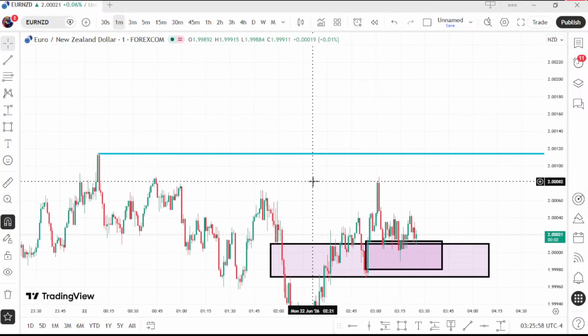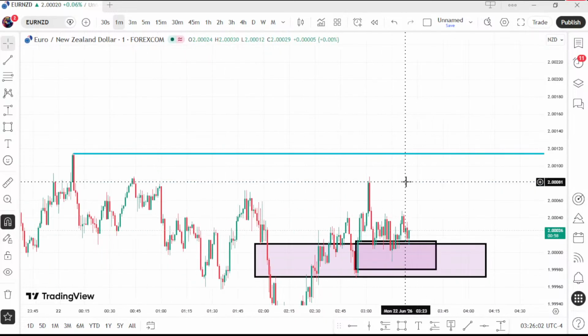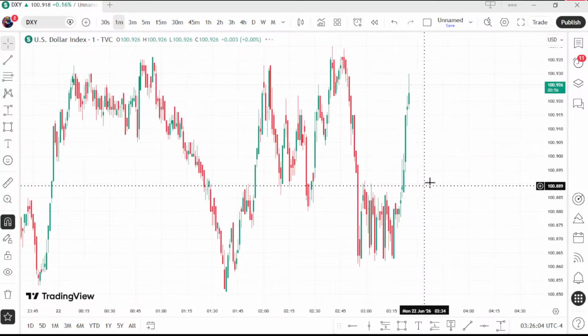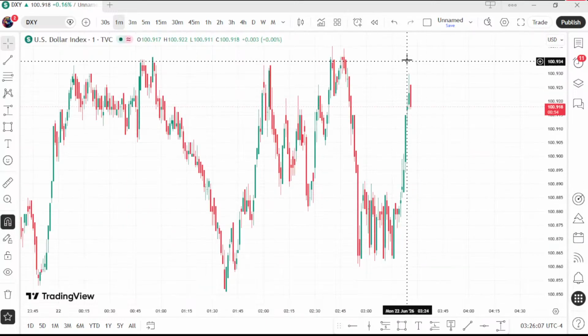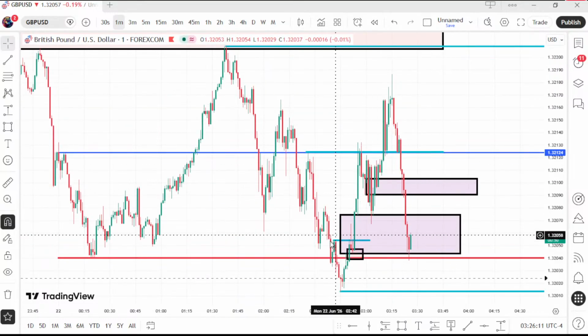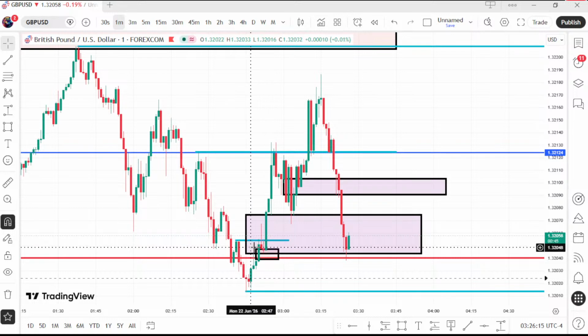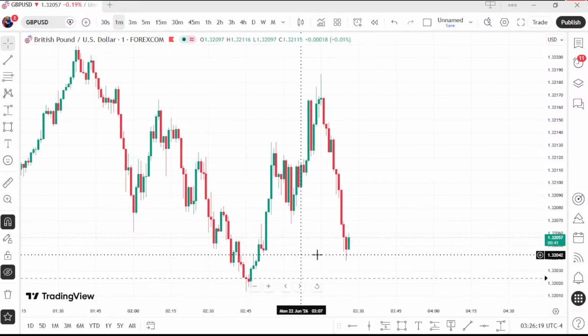See also the Euro New Zealand, price also consolidating. So by my target, that high. So the DXY started to rally up higher. You see this disrespecting that order block. Let me show you. You see how price has closed into that order block, that shows that we are wrong.